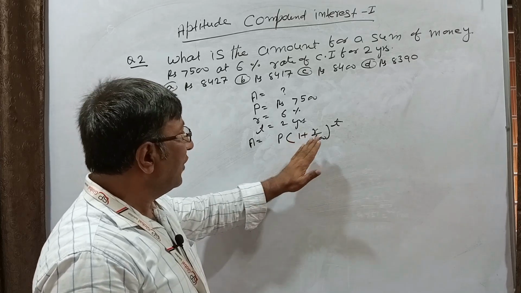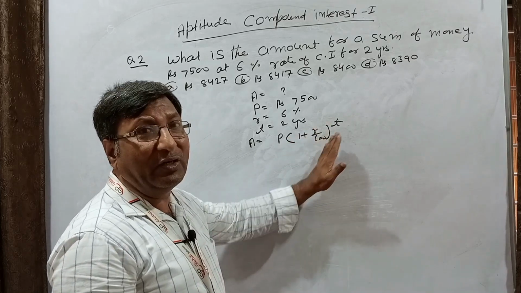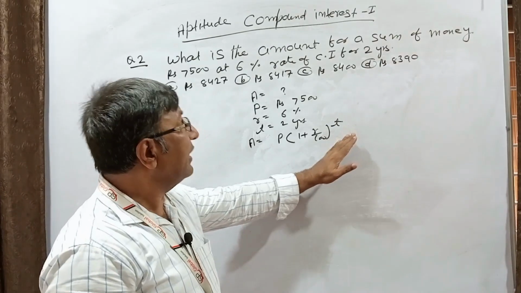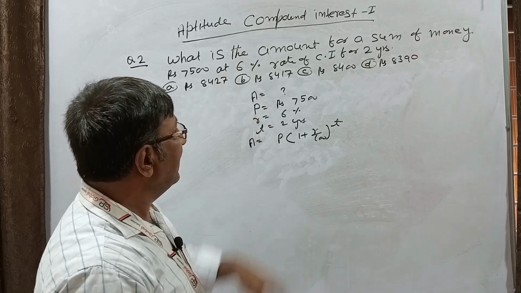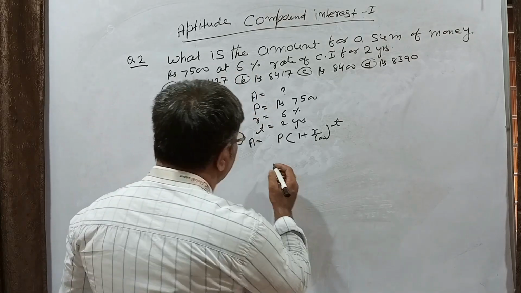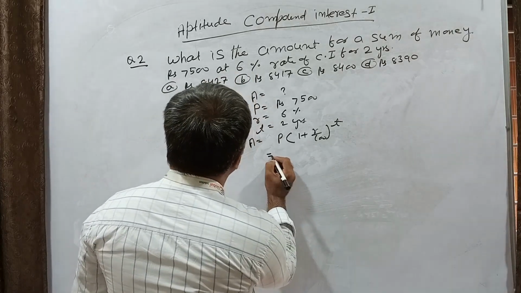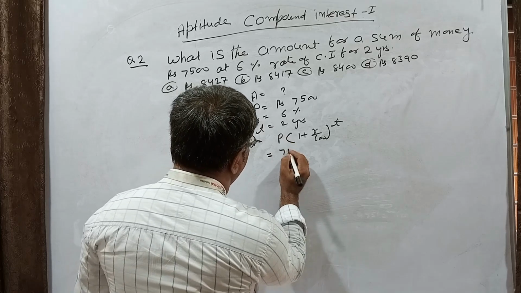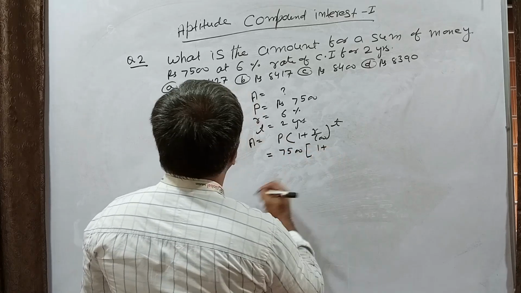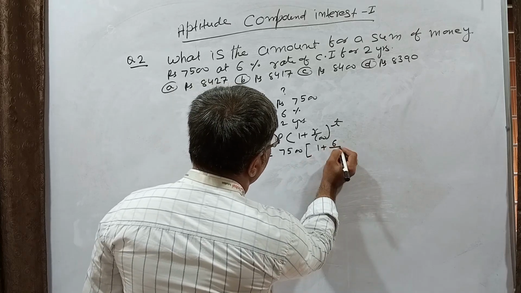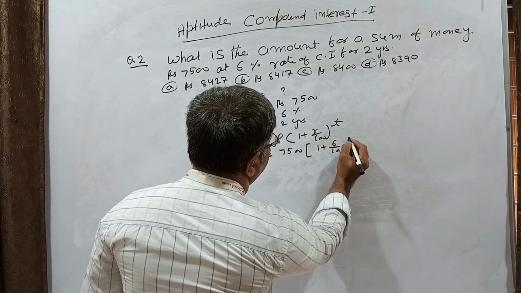Here rate of interest is given 6%, so directly put the value. Principal is 7500, so this is 7500 into 6 by 100, and time is 2.